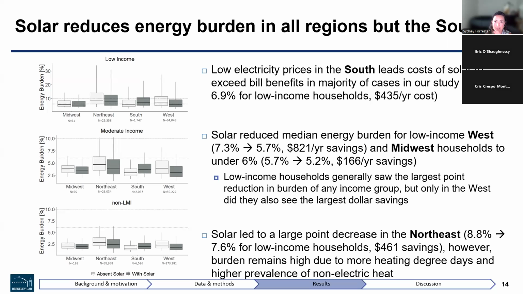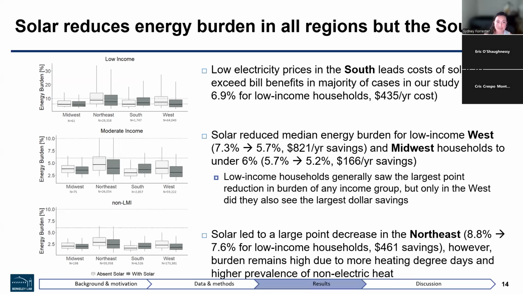So that finding, the third bullet in the main takeaways, is that there was a lot of regional difference. Here, we broke it out again between low, moderate, and non-LMI. The bars are the same, so the boxes are without and with solar. And also just a quick note that the low income graph's y-axis is scaled differently, especially because of the range of the data points, especially in the Northeast.